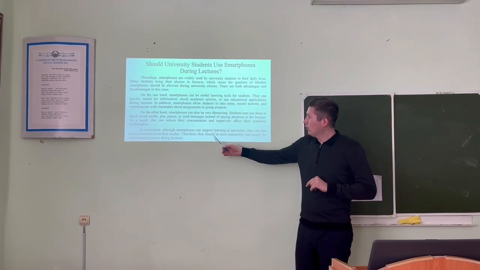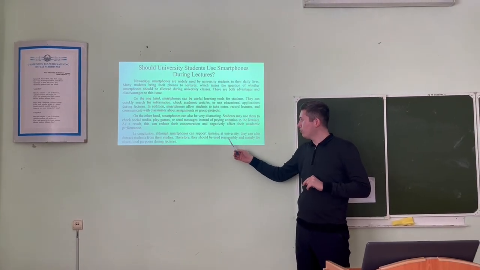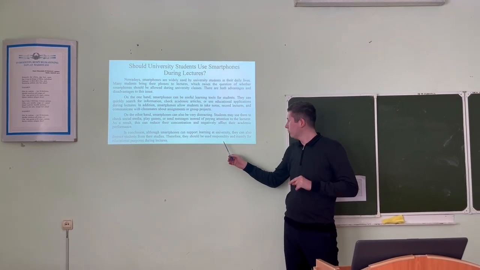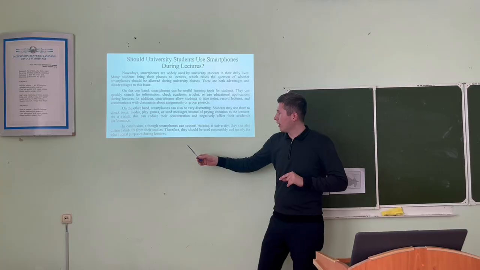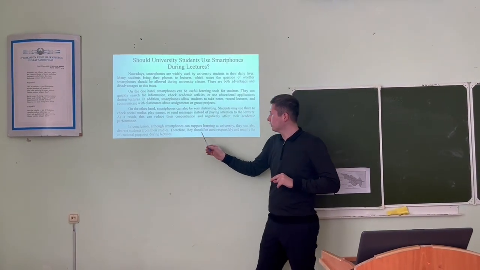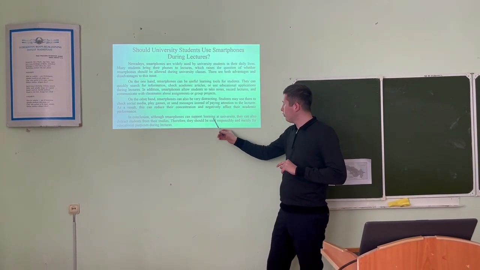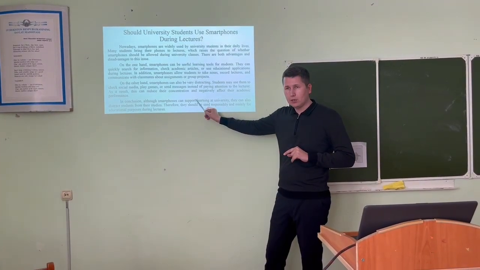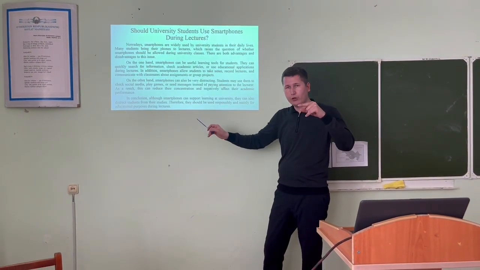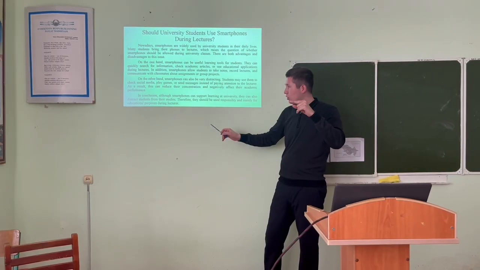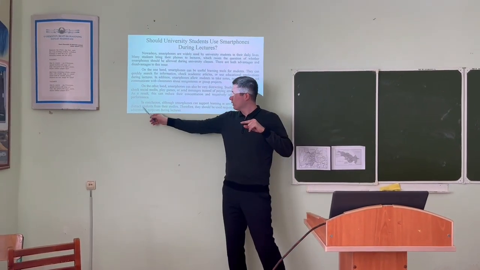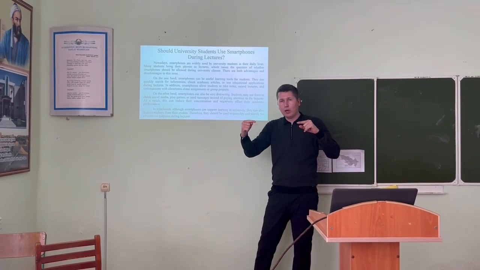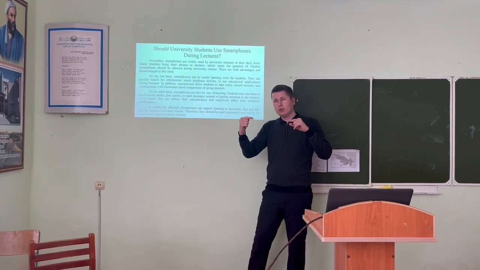In conclusion, smartphones can support learning at university. They can also distract students from their studies. Look at these two pieces of information. Can support learning at university is the first advantage, and they can also distract students is one example for disadvantages.